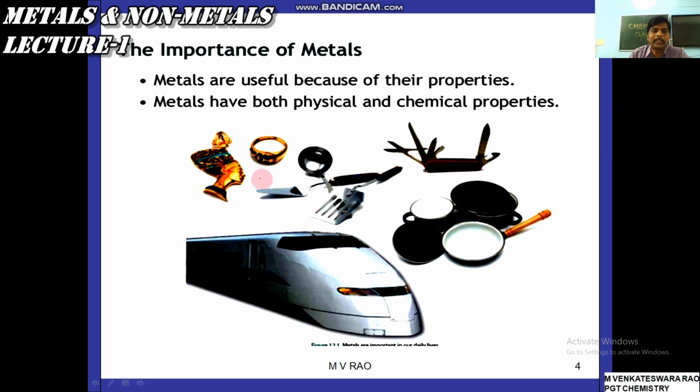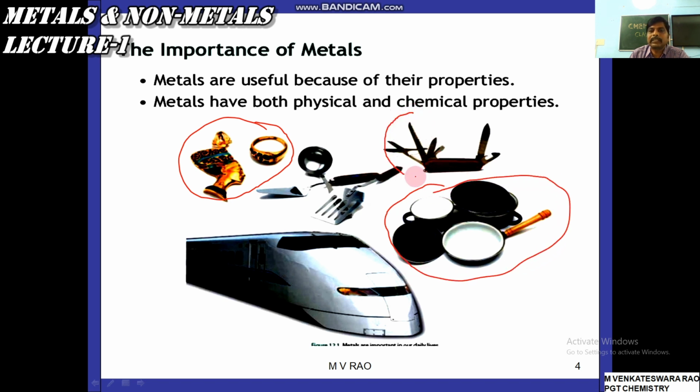Some of the uses. So ornaments. Gold and platinum you can use as ornaments. Some utensils for cooking purpose, some tools, cutting tools, and a train, bullet train, some aeroplane parts, some kitchen items.